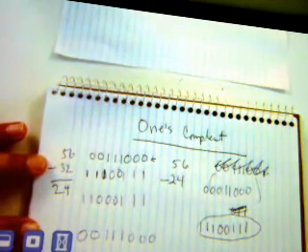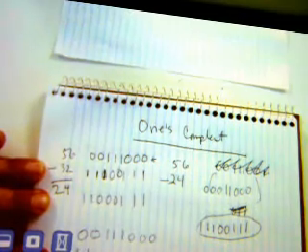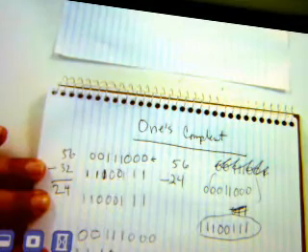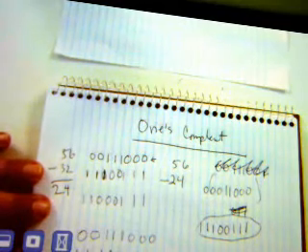Now, negative 24 was, hopefully I'll get this right, 1, 1, 1, 0, 0, 1, 1, 1. So now all we have to do is add those up. 1, 1.